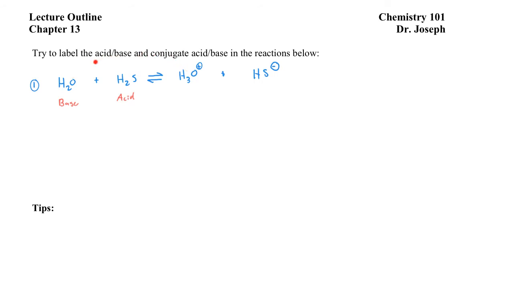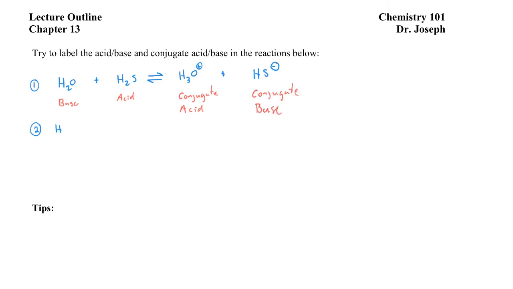Hydronium, to turn into water, needs to donate a proton. That means hydronium would need to act as a conjugate acid to do that. So hydronium is a conjugate acid. What about HS minus? Well, if HS minus turns into H2S, that means it needs to accept a proton. And that means it must act as a conjugate base.